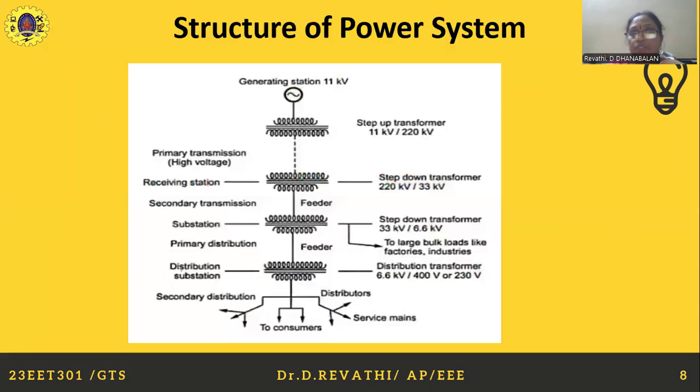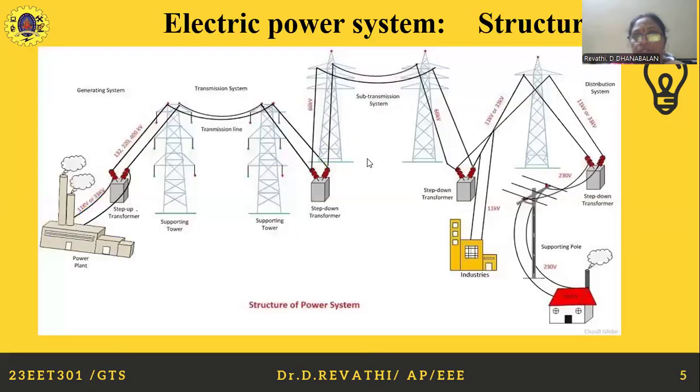This is how we see the structure of our system. This is also called the single line diagram. In this type of diagram, we show naturally how we are transferring the power from the generation area to the poles or towers, and the transformers are also shown here.